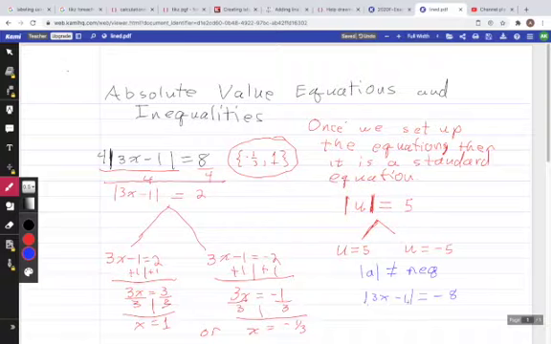So this would be no solution. Do keep that in mind, that we do need to think about the meaning of this sum.